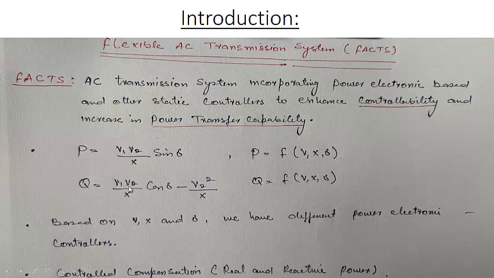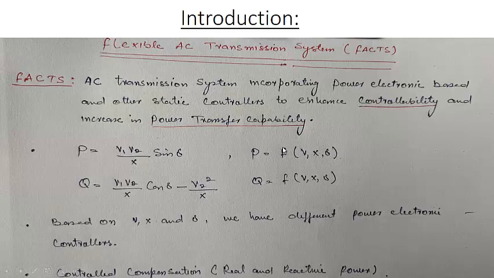Similarly, Q is equal to V1 V2 by X cos of delta minus V2 square by X. You know the nomenclature of the different parameters. Again, this is a function of V, X, and delta. As I have told you in the previous power system classes, P is usually a function of delta.